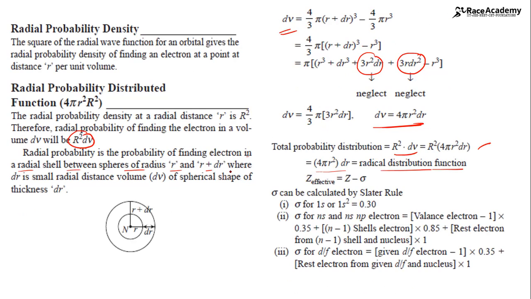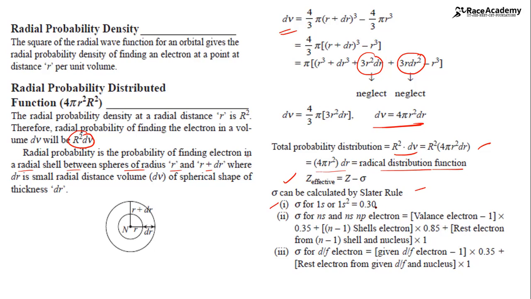Now, what about Z effective? That is Z minus sigma, and sigma is nothing but the Slater's rule calculation, which can be obtained using this formula.